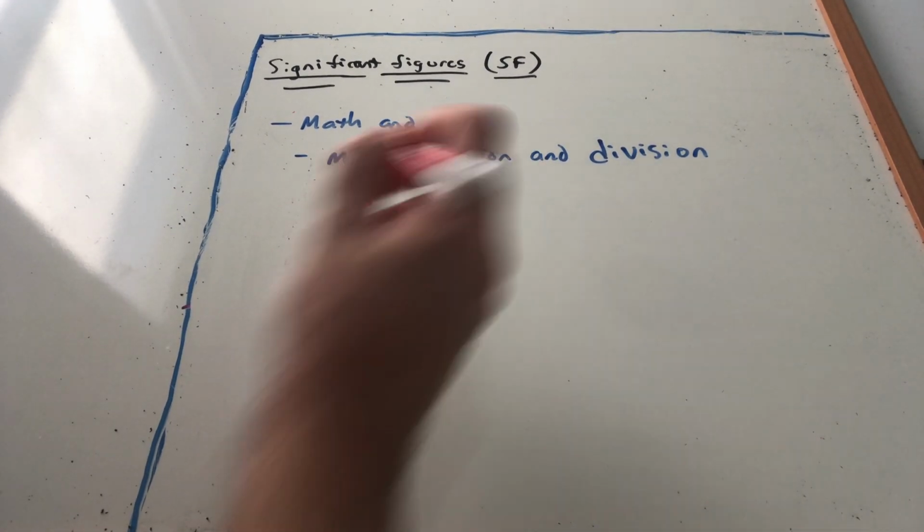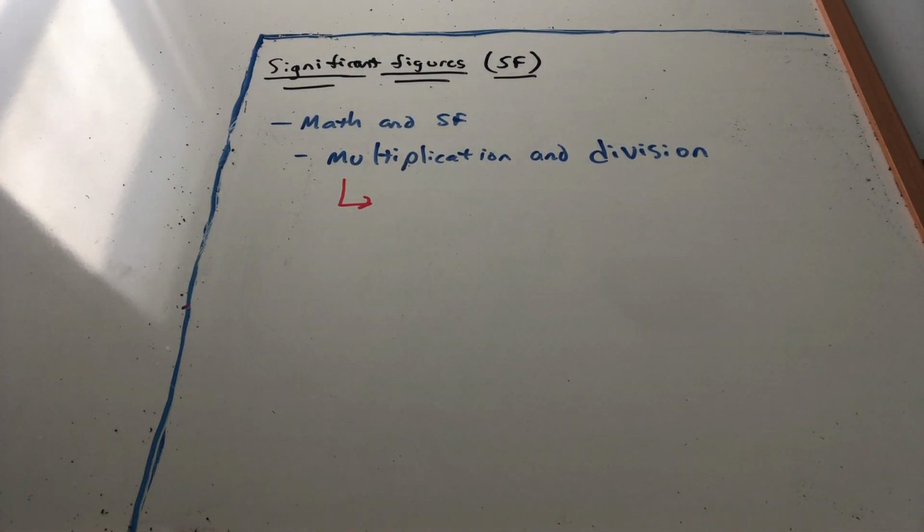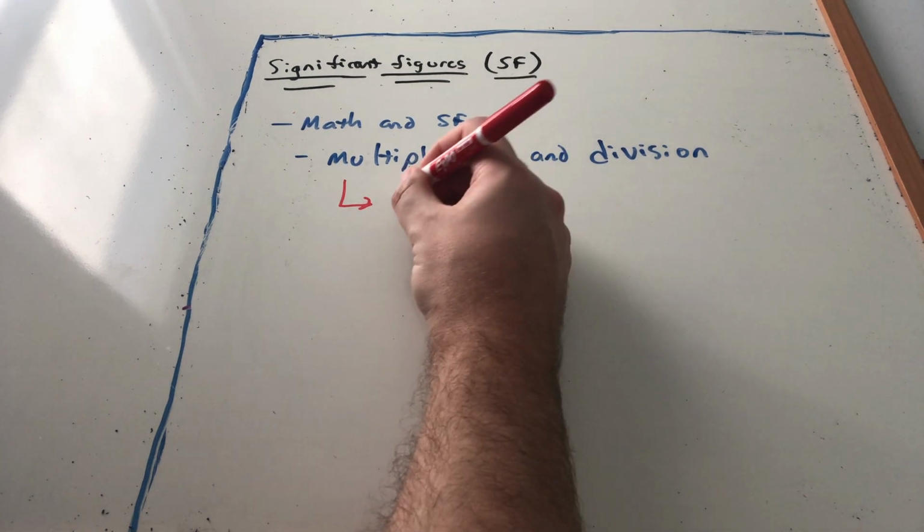So the rule for multiplication and division is easier. You're not paying attention to decimal place. You're paying attention to total number of significant figures.